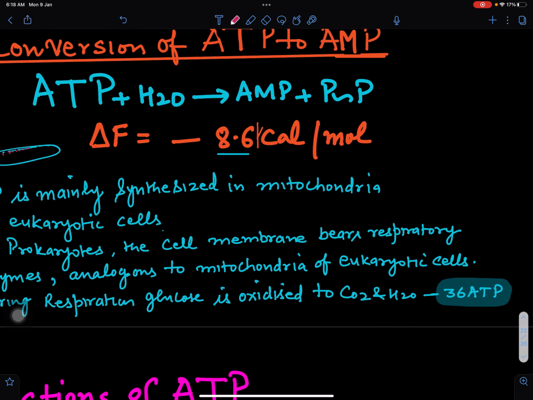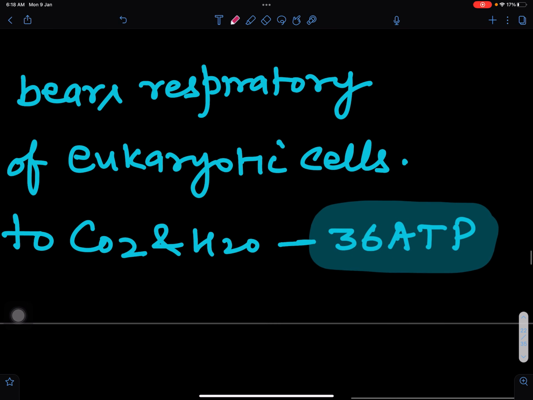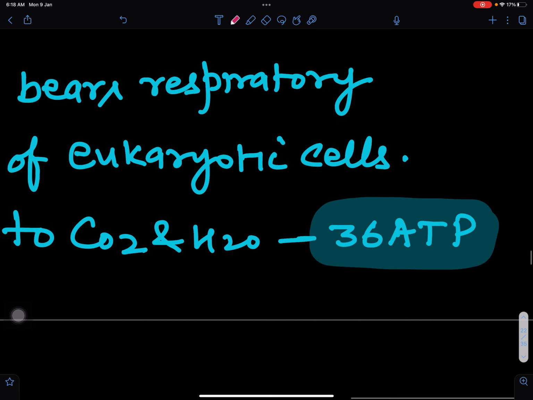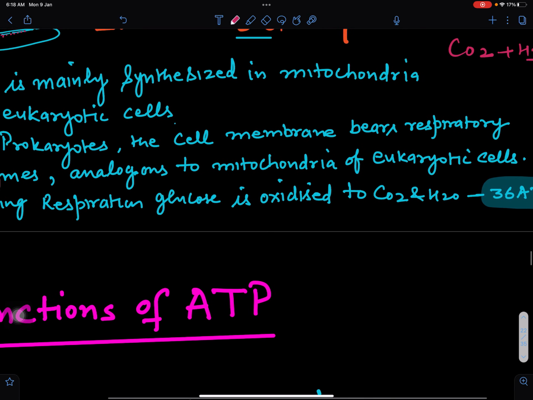So glucose will be broken down completely, oxidized into carbon dioxide and water, and during that whole process about 36 ATPs will be released, right. So that we'll discuss in the respiratory phenomena, how these 36 ATPs are being released.